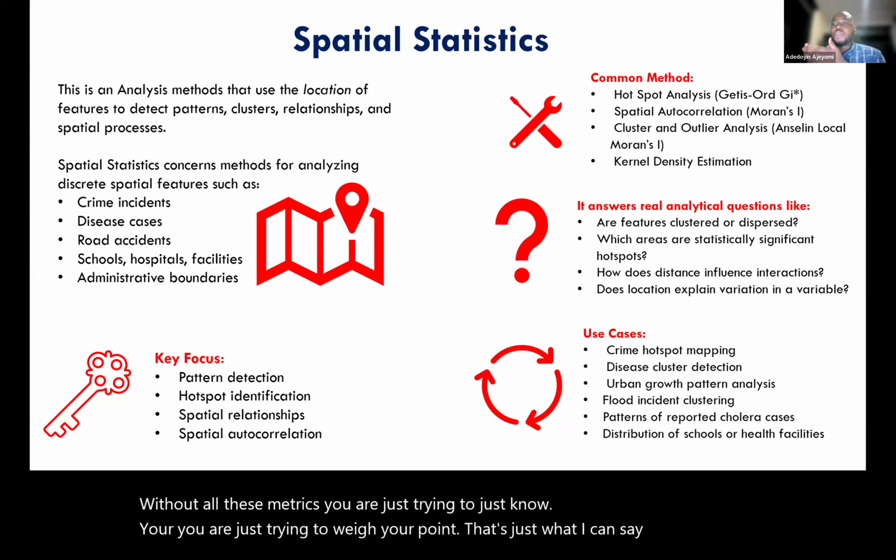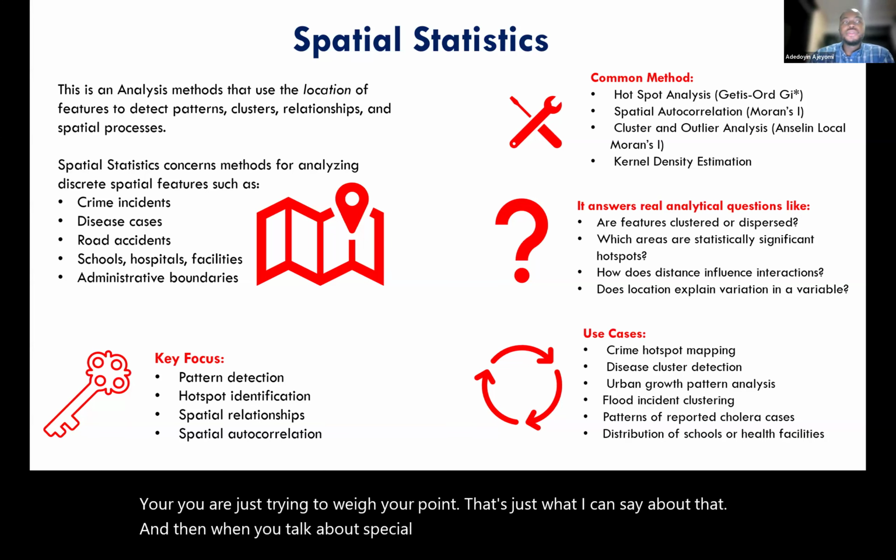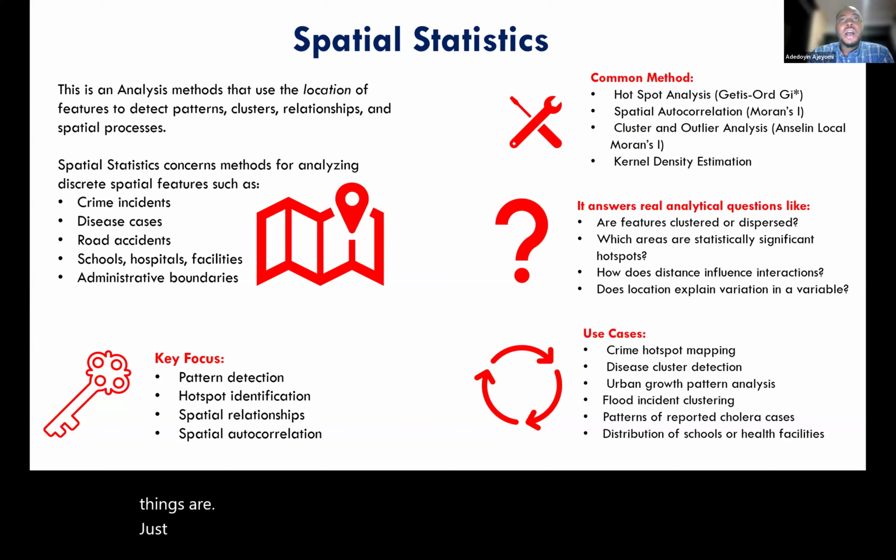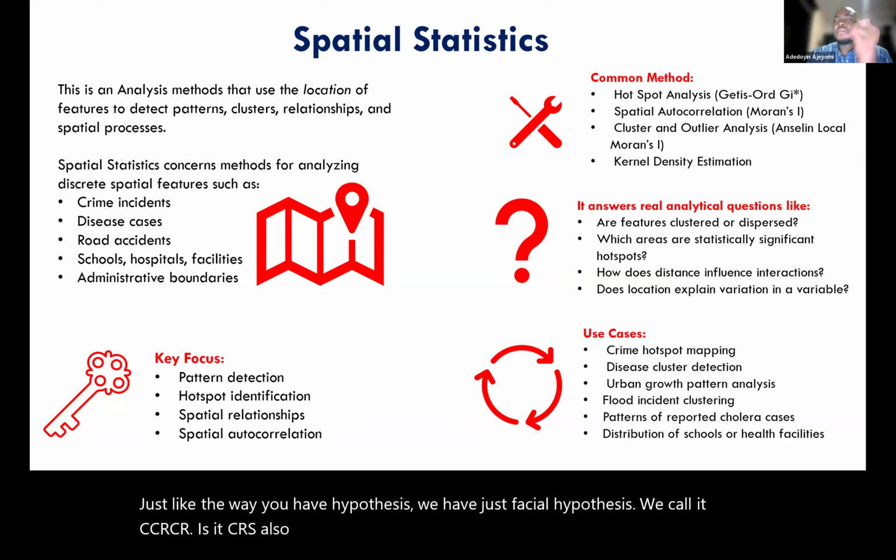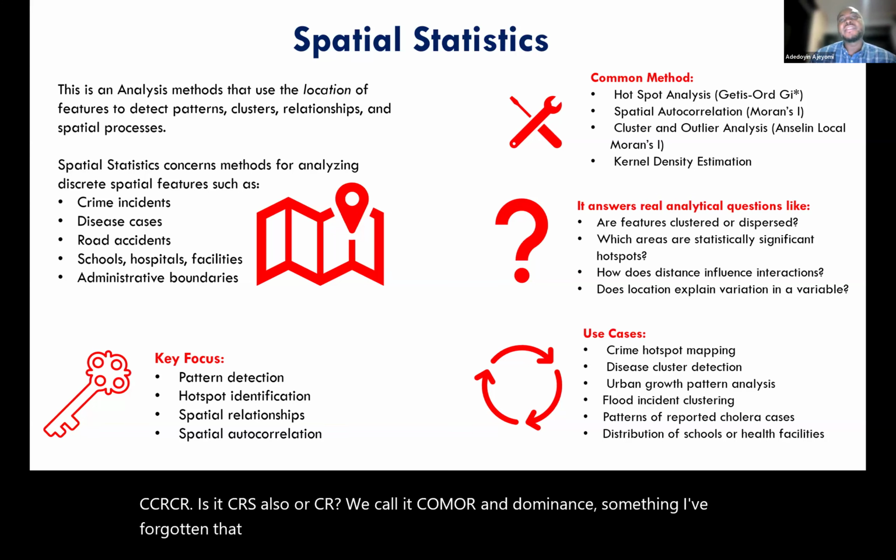And then when you talk about spatial autocorrelation, like Moran's I, you want to know if things are random, just like the way you have a hypothesis. We call it complete spatial randomness, or something like that. I've forgotten that now. So your first hypothesis as a GIS person is that everything is random.